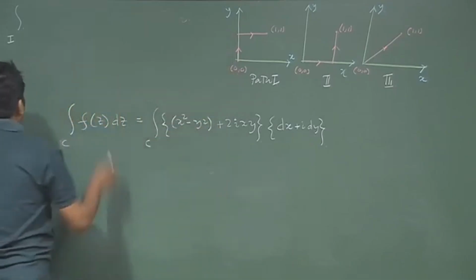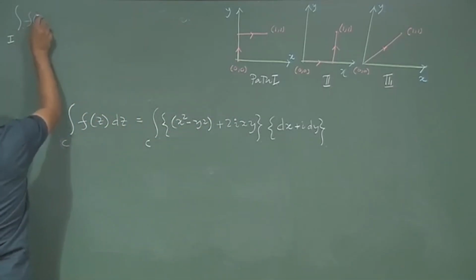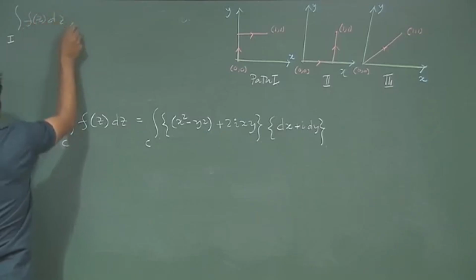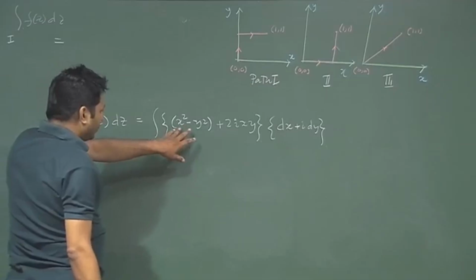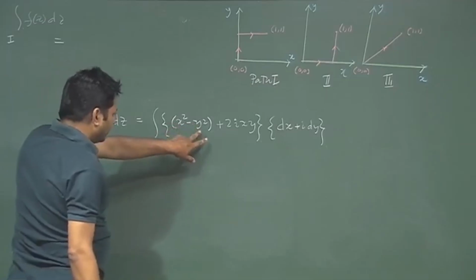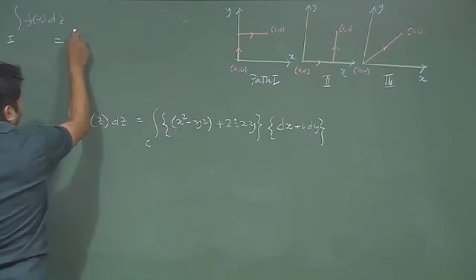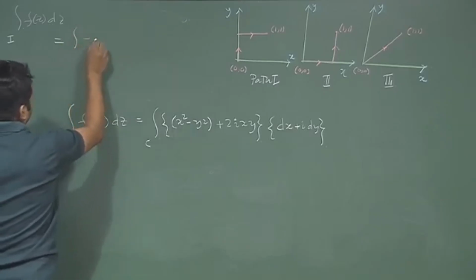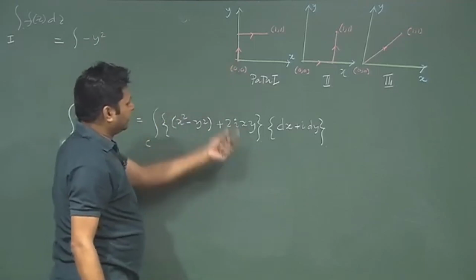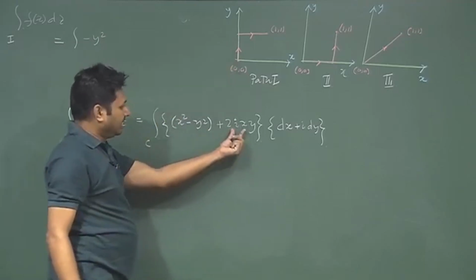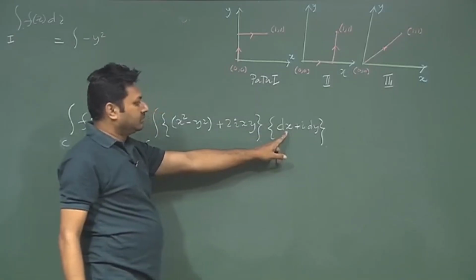So, the first part, f(z) dz, simply comes out to be this quantity: x is 0 and this is minus y square. Since x is 0 along this path, this quantity should not be there, and dx is also 0 because there is no change.